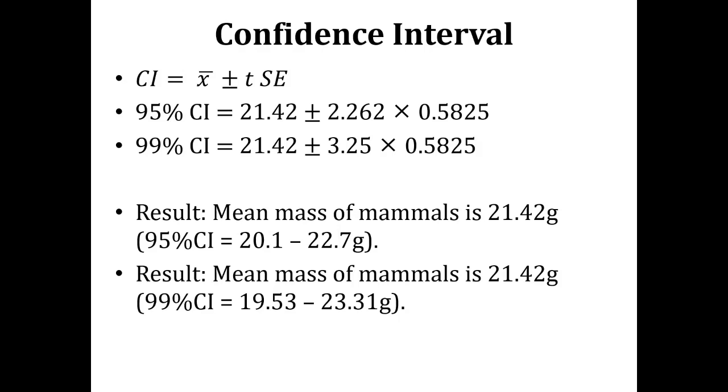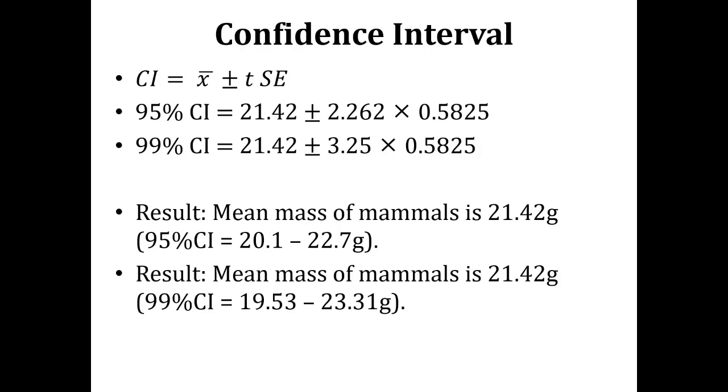And what does this interval mean? This interval means that our population mean is expected to lie within it. So when we go into the population and take a random observation, there is a 95% chance that that observation is going to lie within this range. For example, we took the mammals' mass observations, took their mean, and calculated the 95% confidence interval as 20.1 to 22.7.